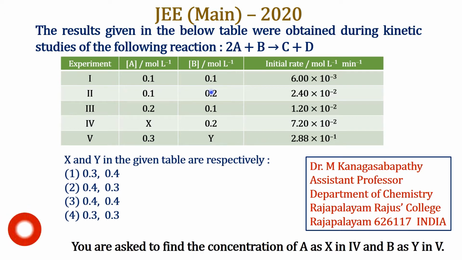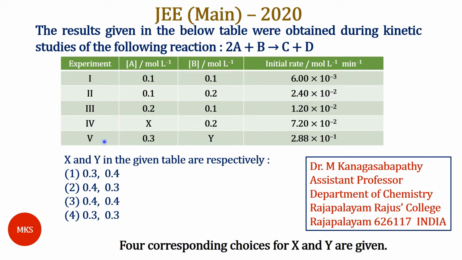You are asked to find the concentration of A as X in experiment 4 and B as Y in experiment 5. Four corresponding choices for X and Y are given.